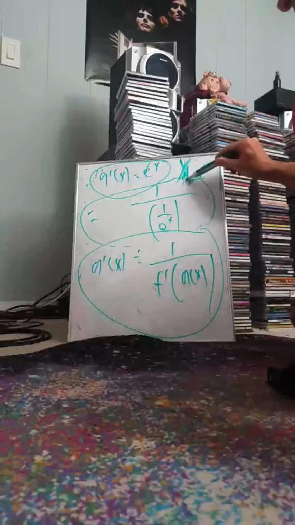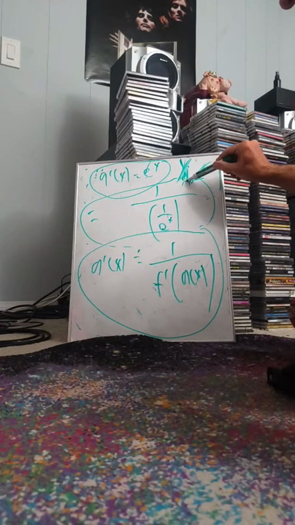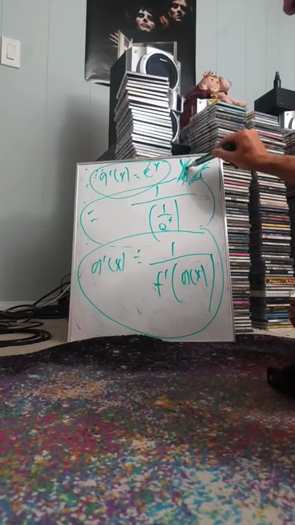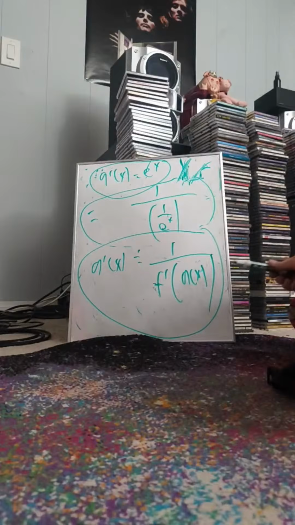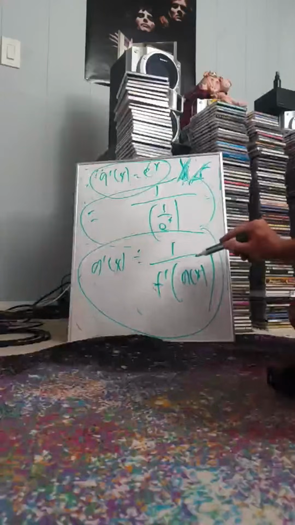G prime of x. Well, this is x. Okay, let's say this is x. G prime of x is this, and you want to take this is x, g prime of x. I think it's got to be g prime.